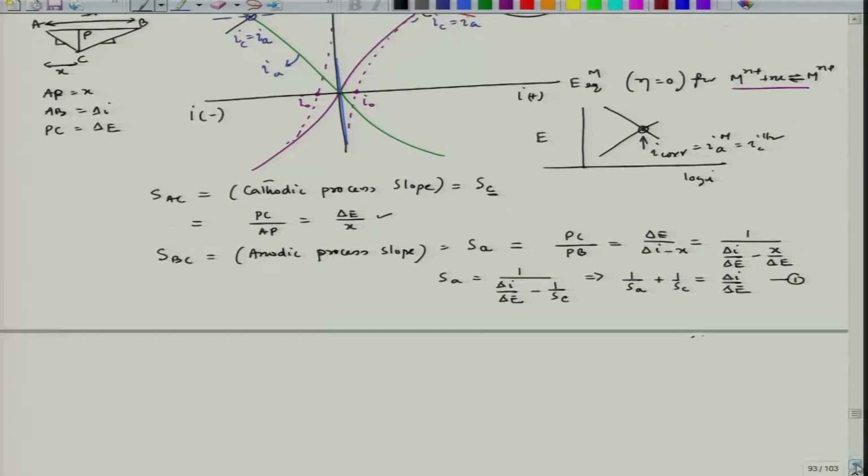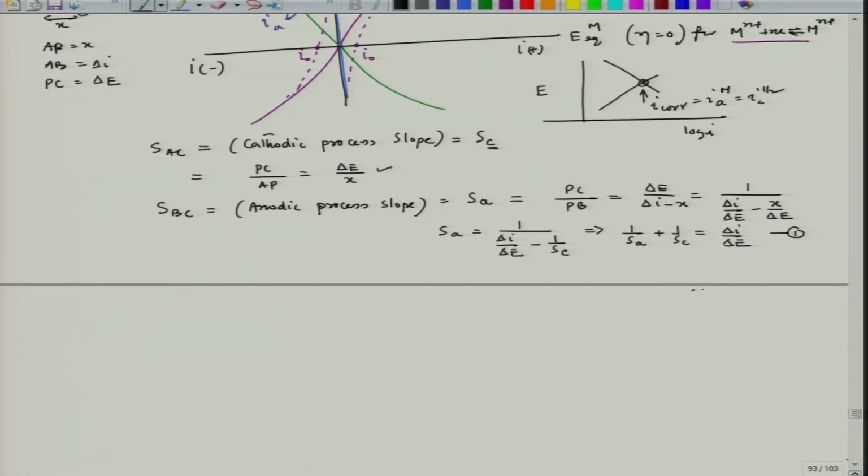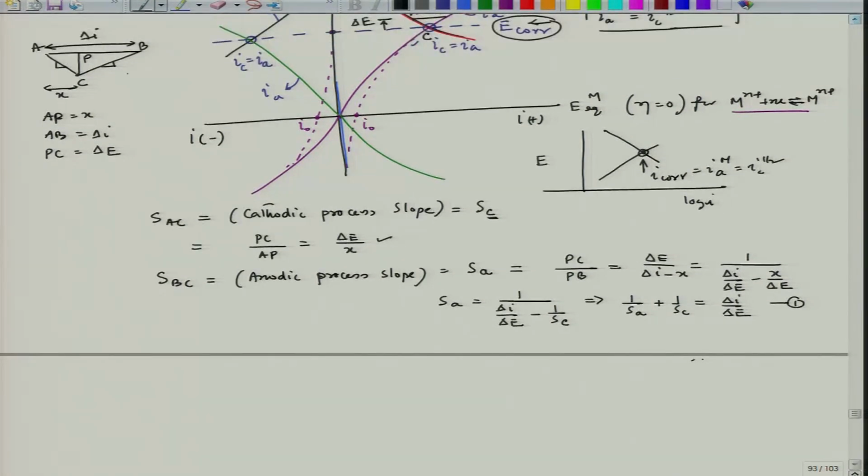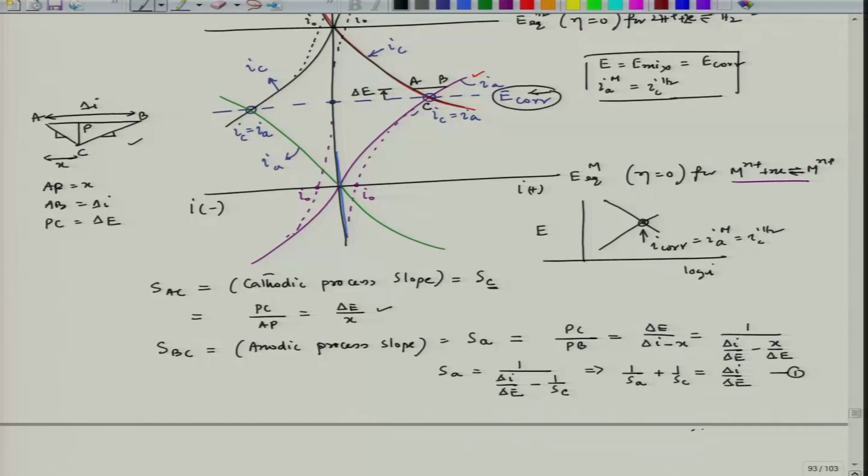Now, I can again look at this particular picture. At this point, if I try to find out the slope, since this is at a very high overvoltage compared to the equilibrium potential for the metal reaction, this will be close to I A. So I A equals I applied.